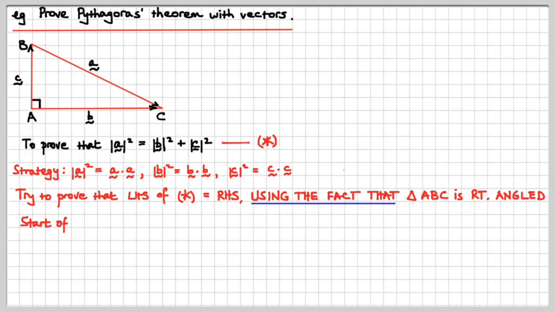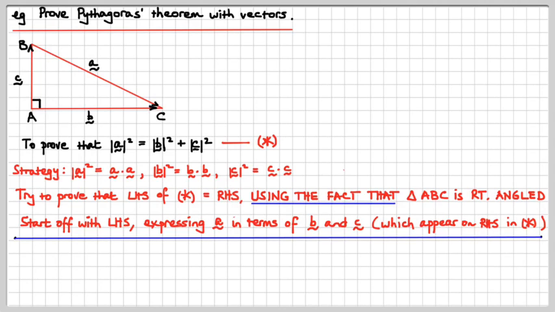Right, so I'm going to start off with the left-hand side, expressing A in terms of B and C, because you can see this is A squared in terms of B squared and C squared. So it stands to reason, if I'm going to do A dot A as my starting point for A squared, it would be a very good idea to express A in terms of B and C, and then dot that compound expression of B and C with itself and see where I end up.